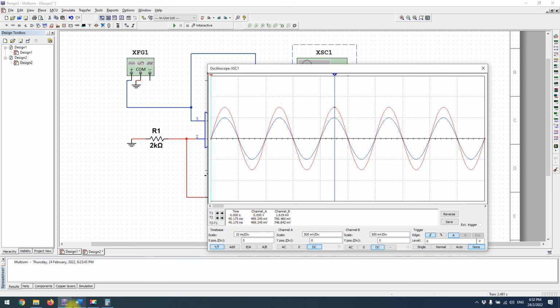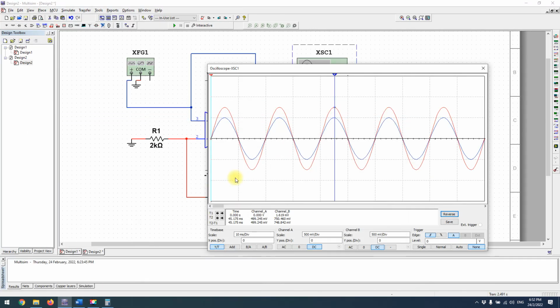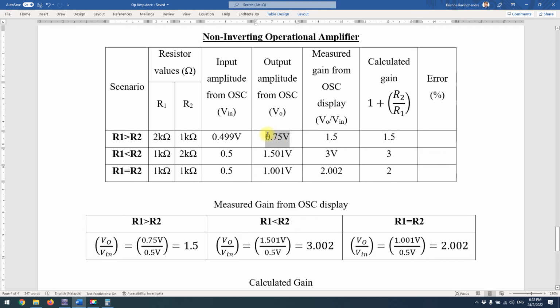You can actually adjust your input here. So let's adjust our input to be 0.499 volts. And what do we get for our output? Our output is actually 750.4. If it's 4, that means we can neglect it and just take it as 0.75, as we have it here.